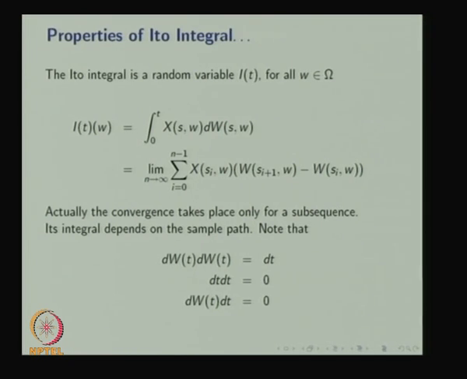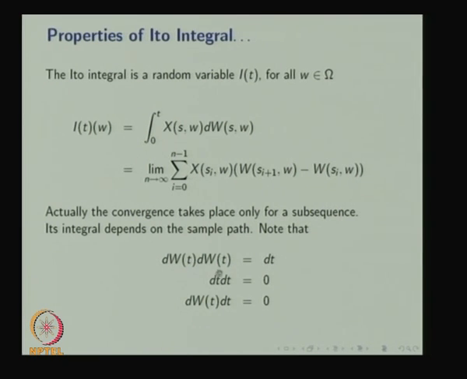And we also need the following properties: dW t dW t will be dt, that is, the quadratic variation of Brownian motion is a finite value. If you find the increment over the interval 0 to t, then the quadratic variation is small t.